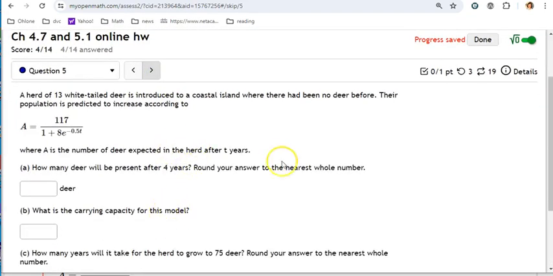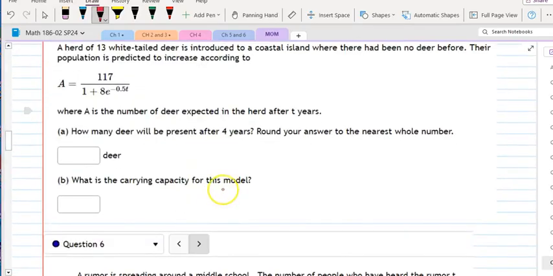5. A herd of 30 white-tailed deer is introduced to a coastal island where there had been no deer before. The population is predicted to increase according to this. Oh, this is logistic. How many deer will be present after 4 years? So we just plug in t equal to 4, right?